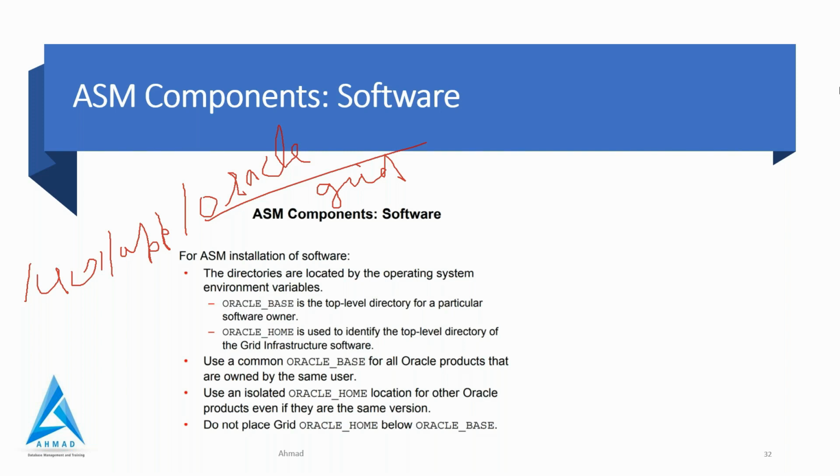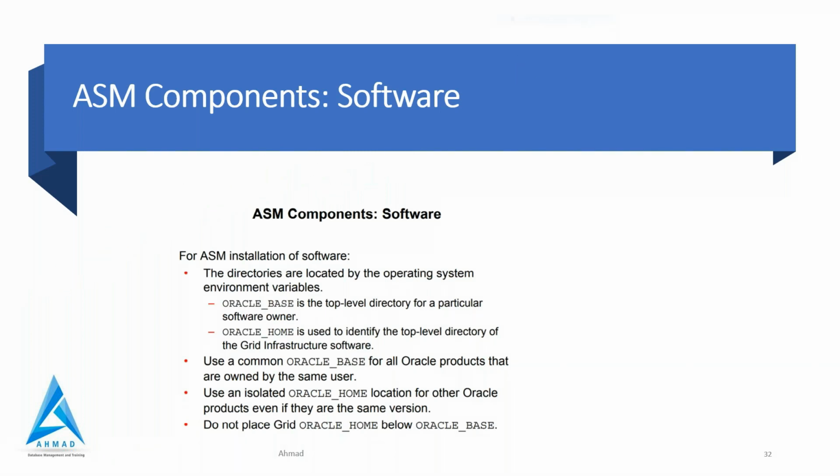Got it? And create the operating system environment variable ORACLE_HOME to locate the Oracle home directory for the grid infrastructure software. So I hope that is clear to everyone. Yes, yes.